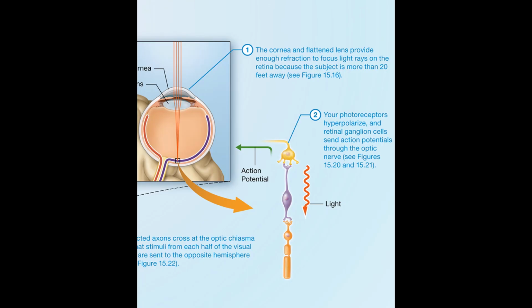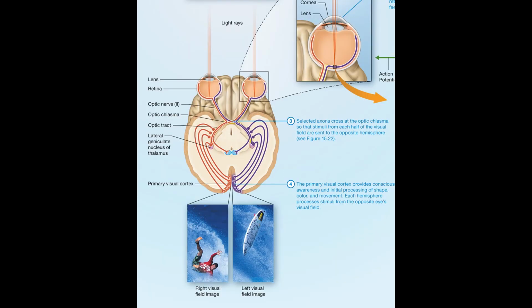Then what happens? Well, those light rays are going to hyperpolarize the photoreceptors, allowing those retinal ganglion cells to send action potentials through the optic nerves and begin actually sending signals, right? So those action potentials get sent out through the optic nerves. Well, which nerves? Okay, let's see.